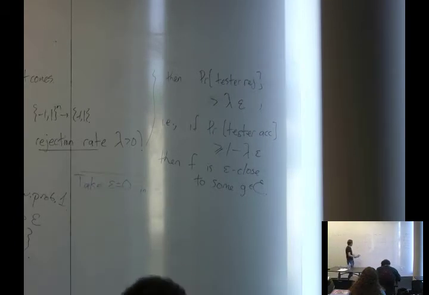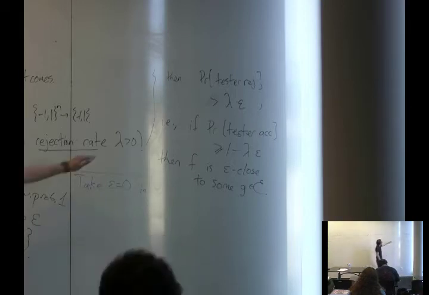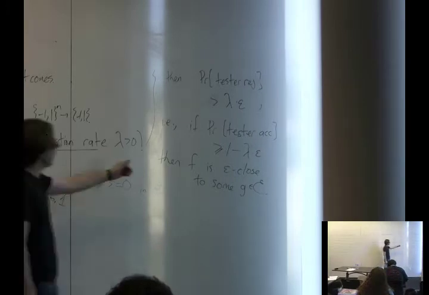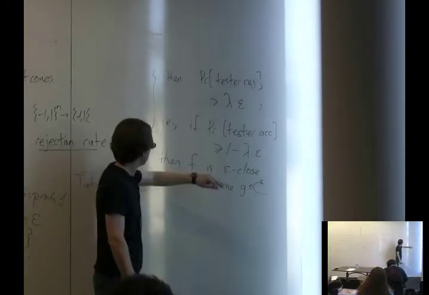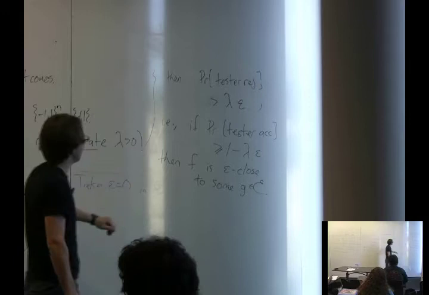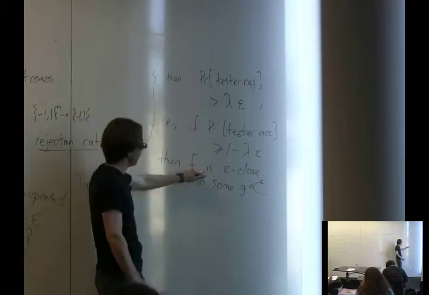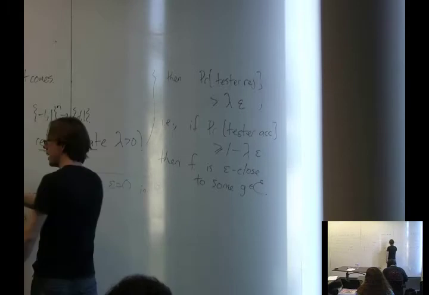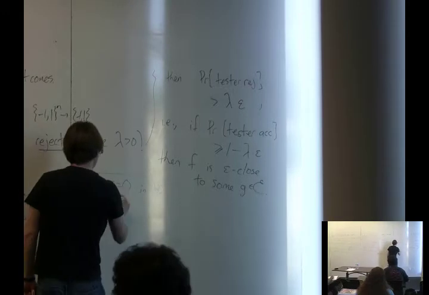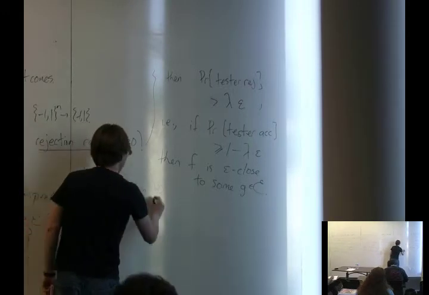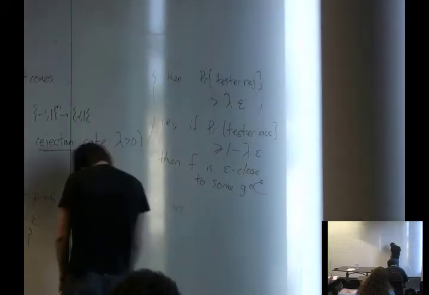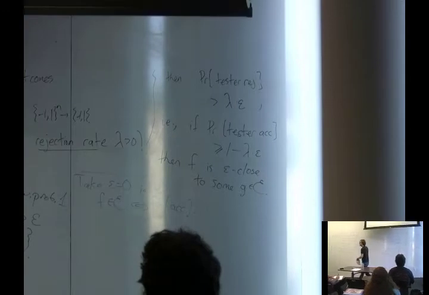What that means is if the distance is positive, so if the function is not in the class, then the tester has to reject with positive probability. Or reverse, if the tester accepts with probability 1, then you're actually in the class. Combining it with 1, f is in the class if and only if the probability of acceptance by the tester is 1. It's pretty awesome.